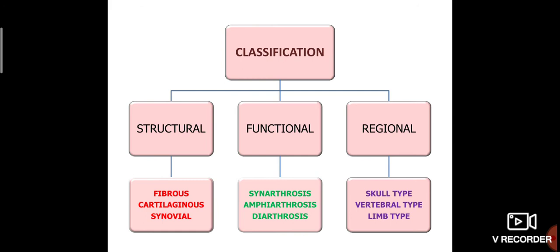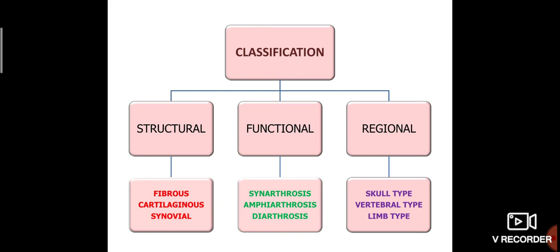Synarthrosis means, syn means fused. In this kind of joint, the two bones are closely fused together, and any type of movement is not allowed. Amphiarthrosis means partially movable, in the sense it can move a little bit.